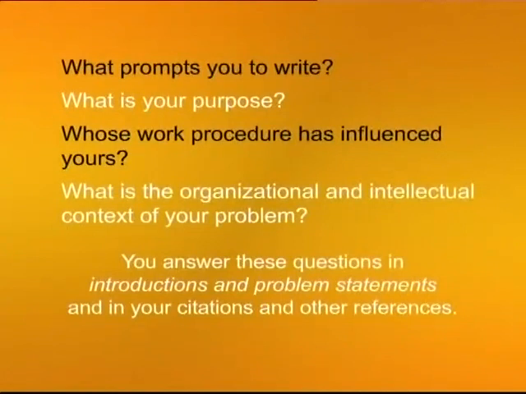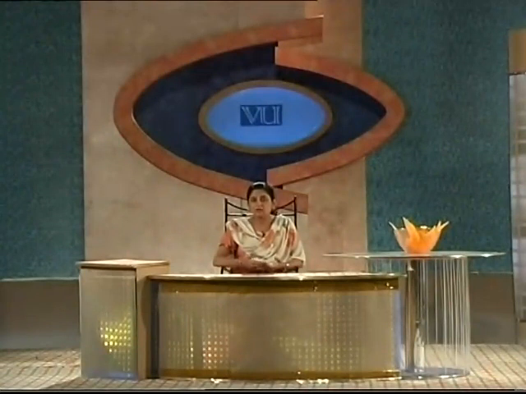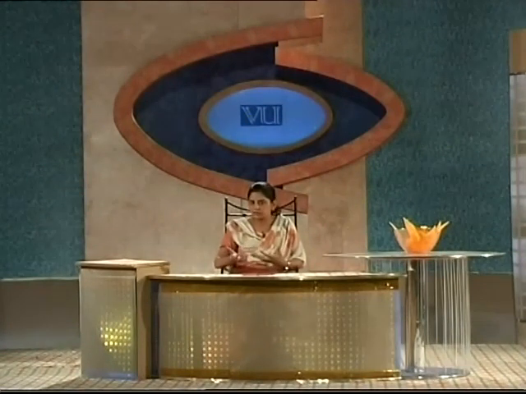Now you can achieve contextual clarity by answering all these questions in your introductions, problem statements, and in your citations and references, etc. You don't have to allude to them directly all the time, but you need to be clear about them and you need to make sure that your introductions and citations, etc., are somehow answering all these questions.